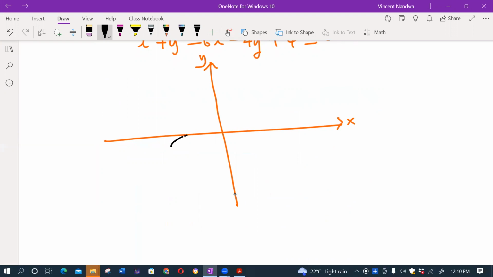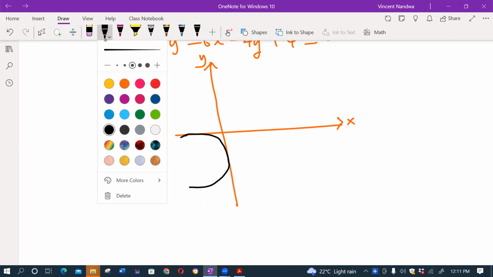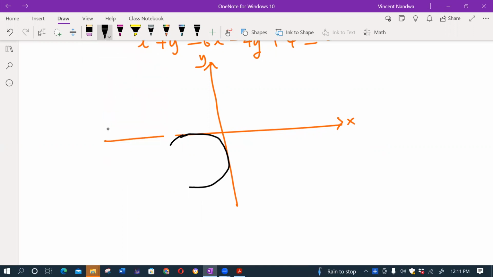So if we draw the sketch of the circle, let's say that the center is at this point here. And then this is the point minus 4, minus 2.